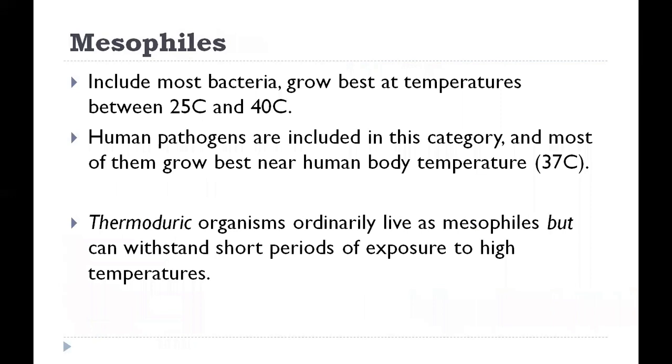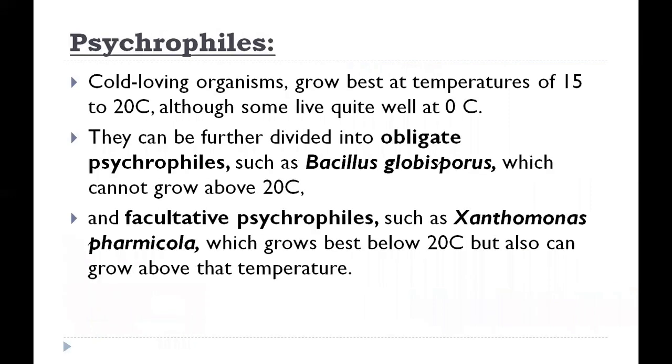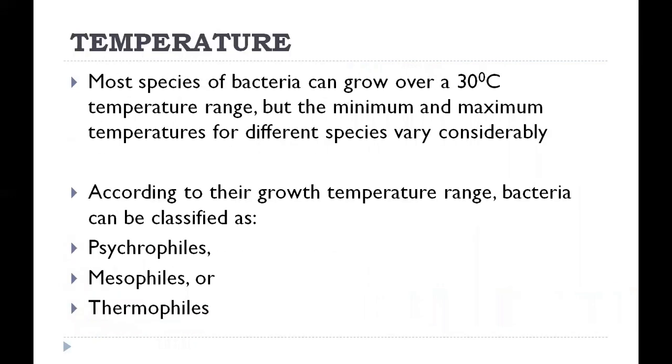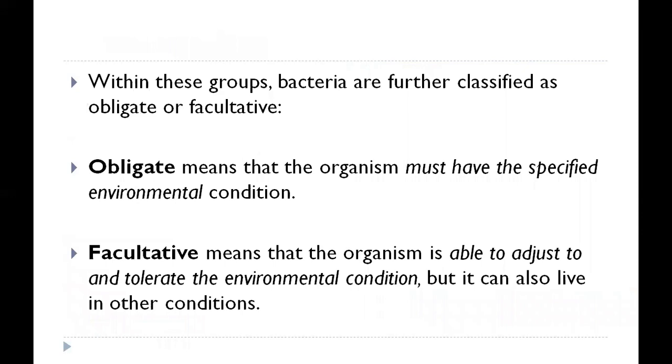Okay, so after you have written down these three terms of psychrophile, mesophile, and thermophiles with their respective temperature ranges, below that, write down the meaning of these two terms. Obligate, put a dash, must have environmental condition.